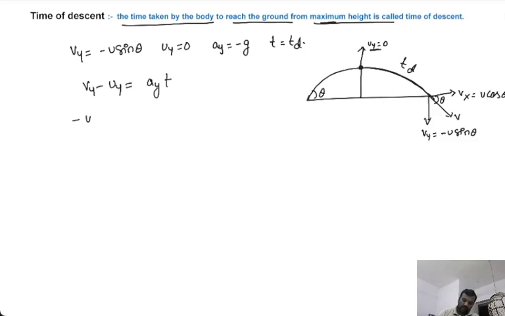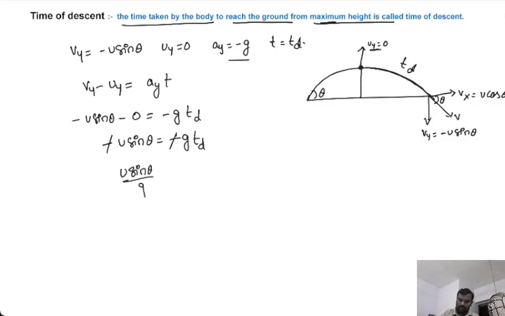Minus u sin theta minus 0 is equal to minus g into td. Then minus u sin theta is equal to minus g td. The minus signs cancel. Then u sin theta divided by g is equal to td. This is the time of descent.